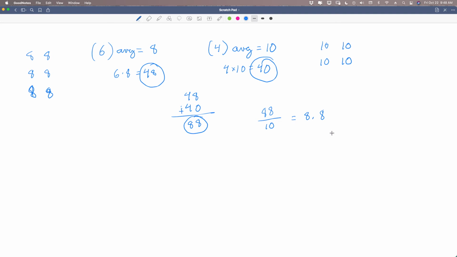So that is how you find an overall average. We have to back out this number by, number 1, multiplying the quantity for each average times the average.